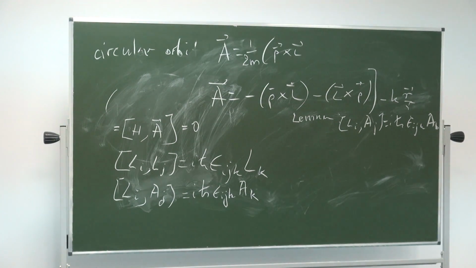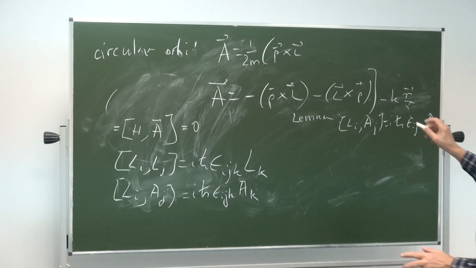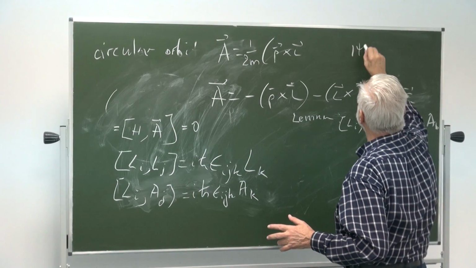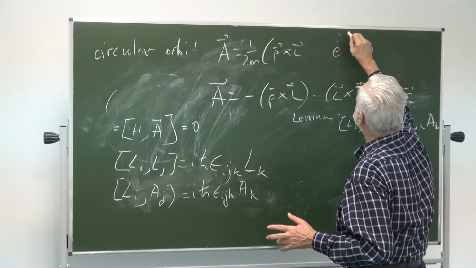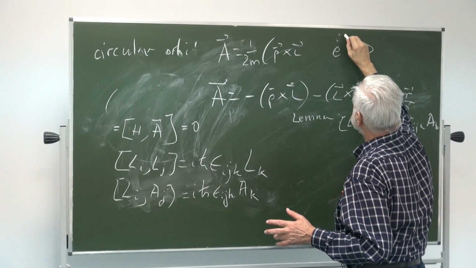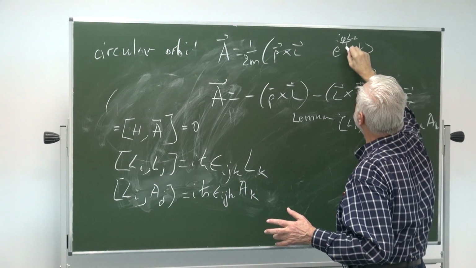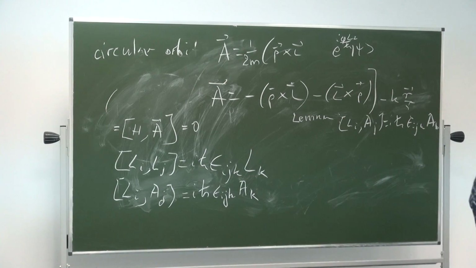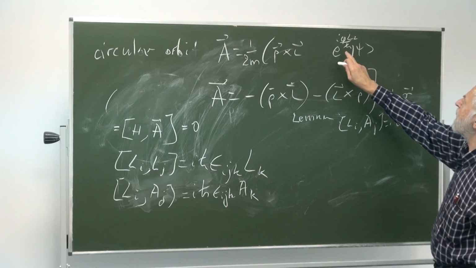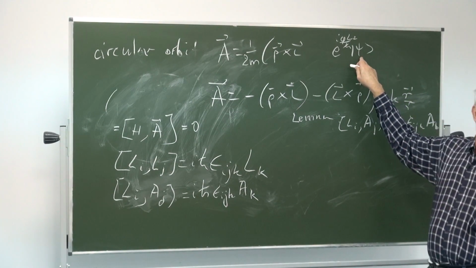In other words, we know very well that if we want to compute a state upon rotation with respect to the z-axis by phi, then we have to act with this unitary operator on the state.